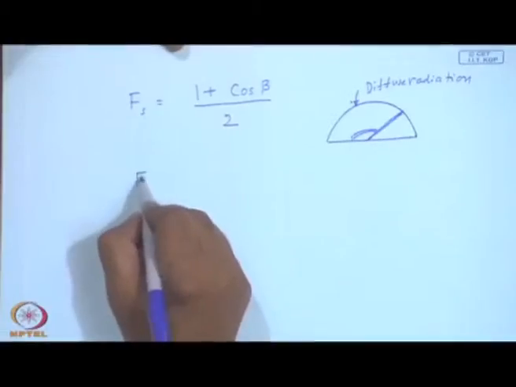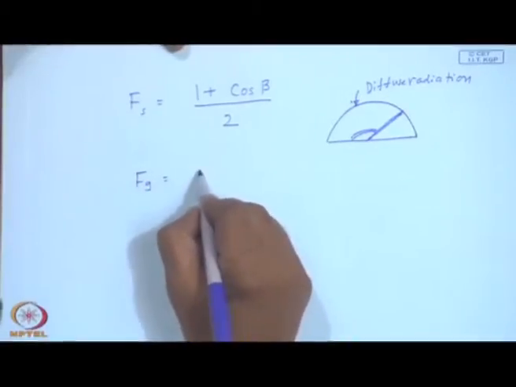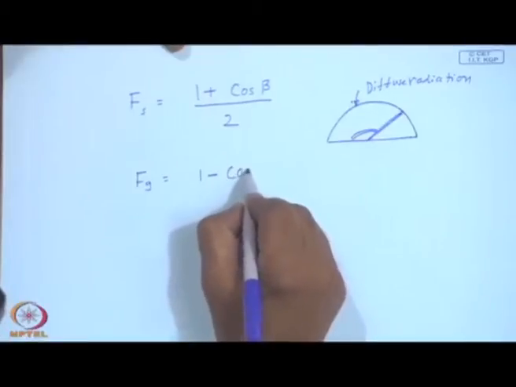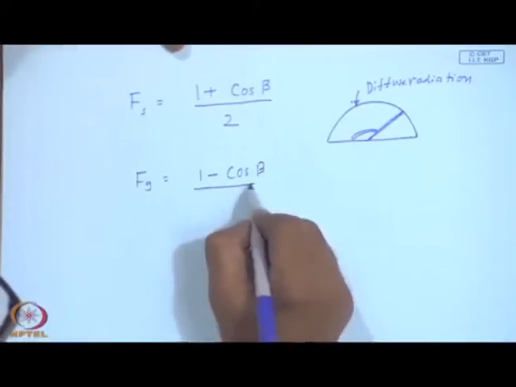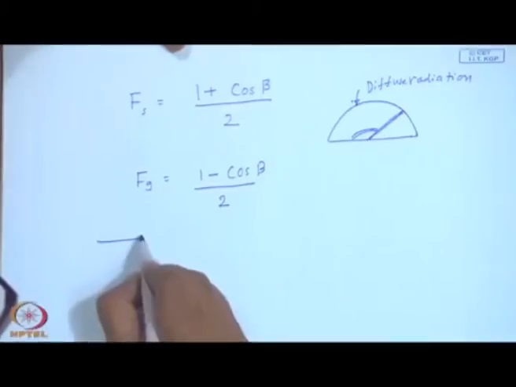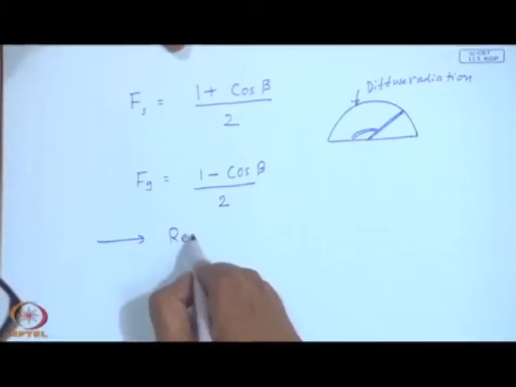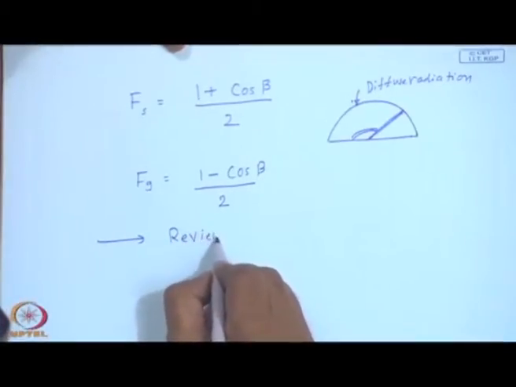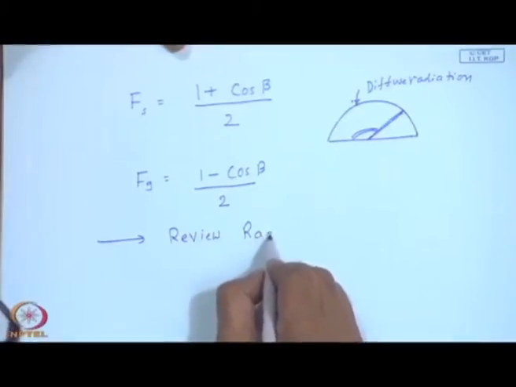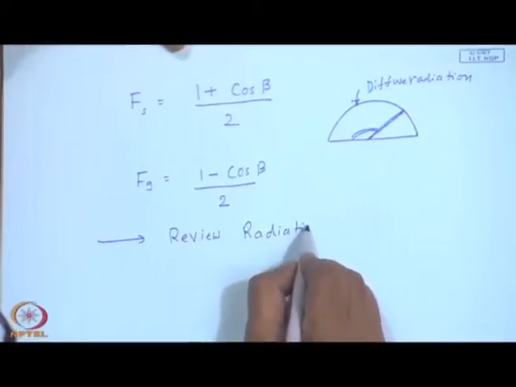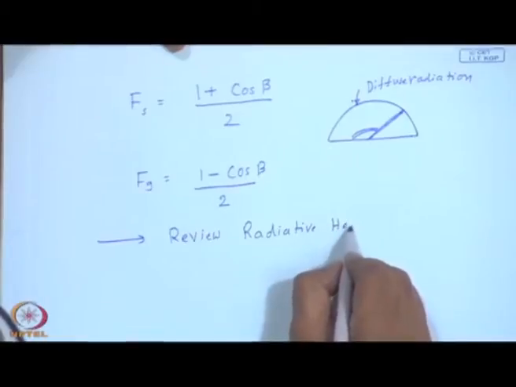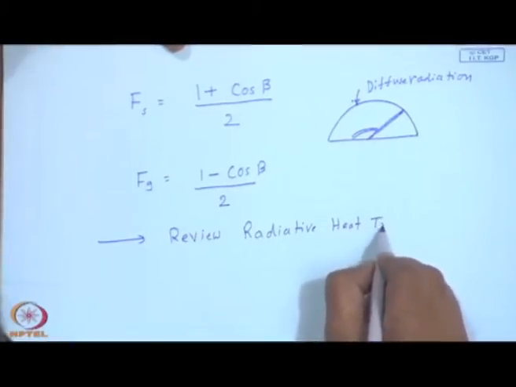Then f g is again 1 minus cos beta by 2. You should review radiative heat transfer, where the view factors are given.